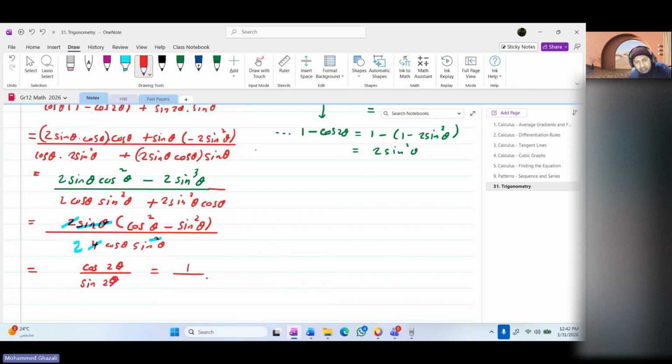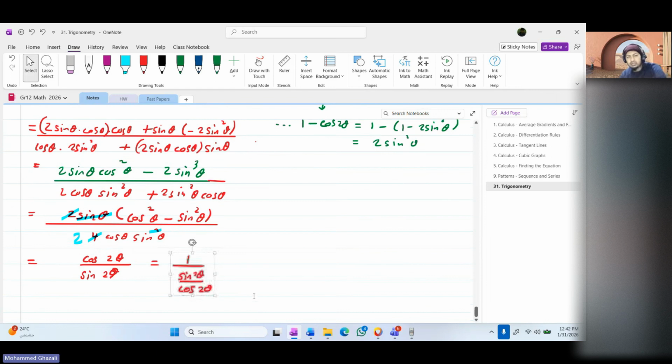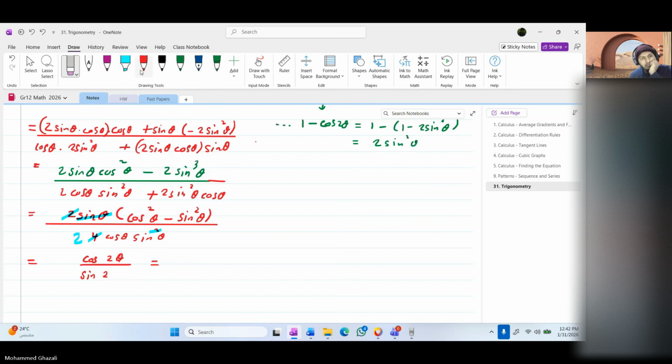Right? It's the same thing as saying 1 divided by sine 2 theta over cos 2 theta. So it was actually 1 over tan 2 theta, by the way. A little bit challenging, but remember what I said before, cos over sine is cot 2 theta, right?